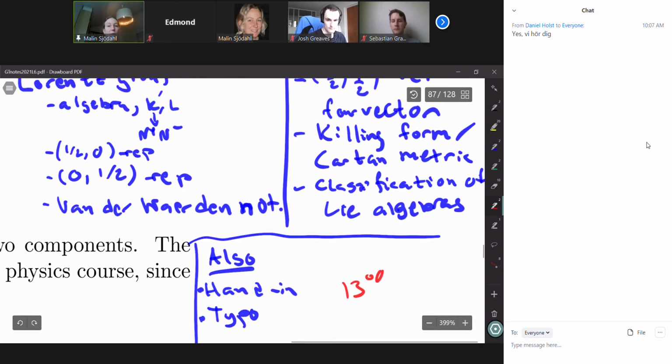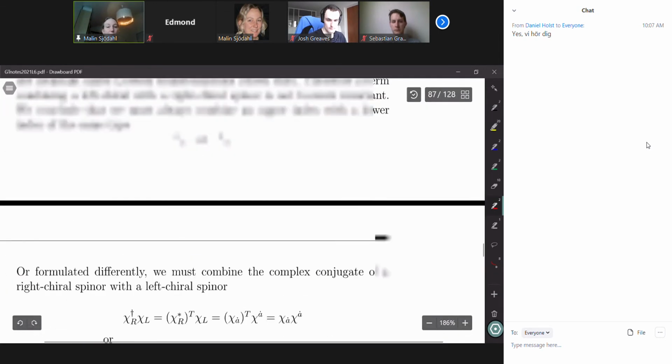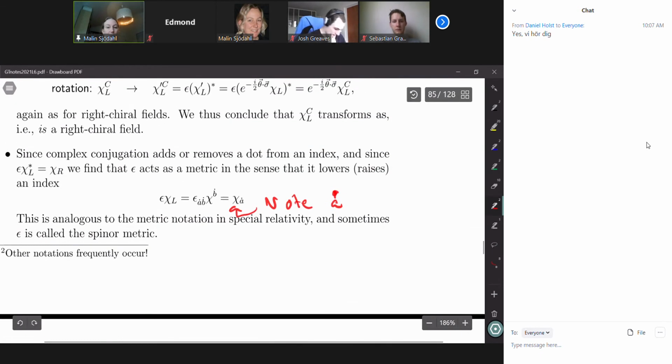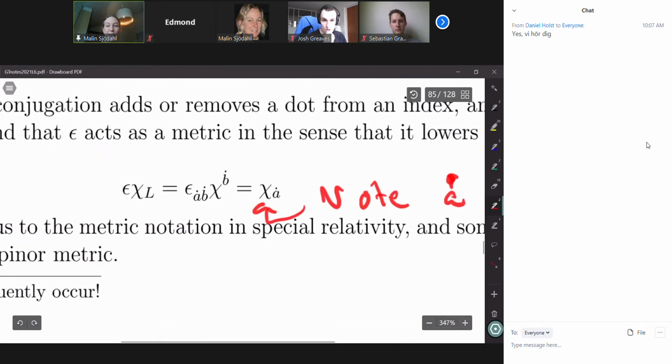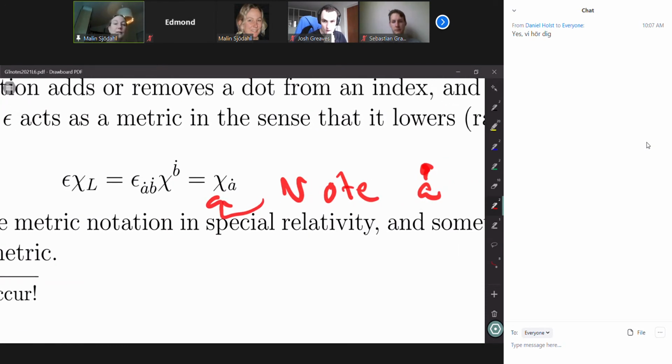I also like to point out a little typo that I found. In absolute size, it is as small as it possibly can be, because there was a missing dot here, but the absence of that dot is potentially confusing. So epsilon here does not change the dottedness structure of this object.